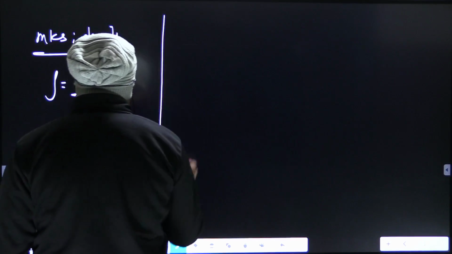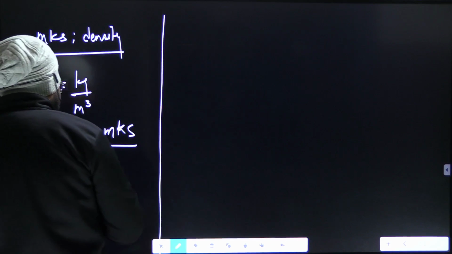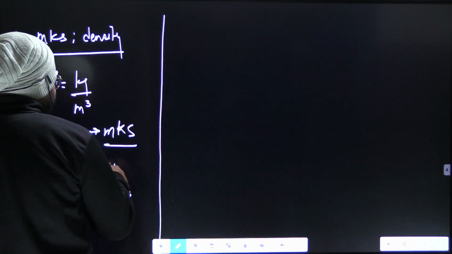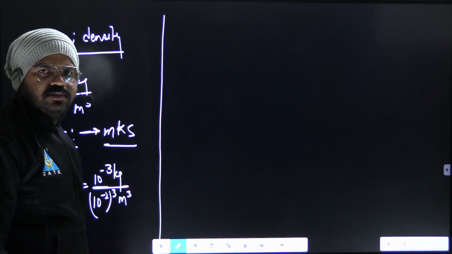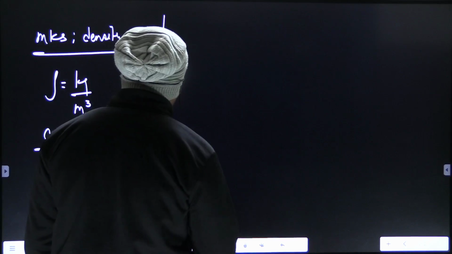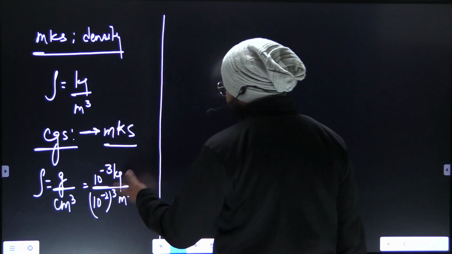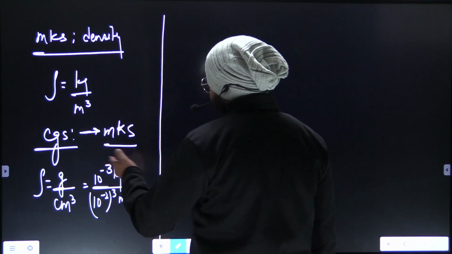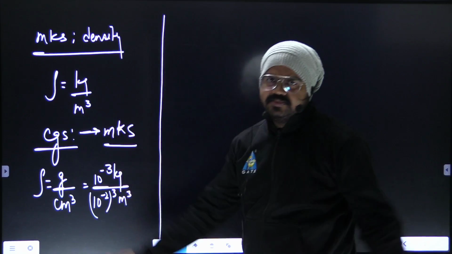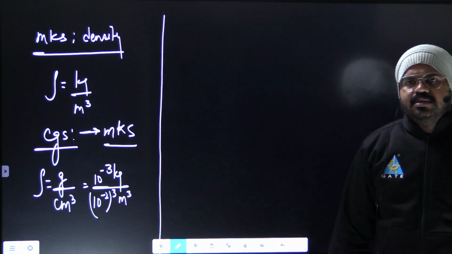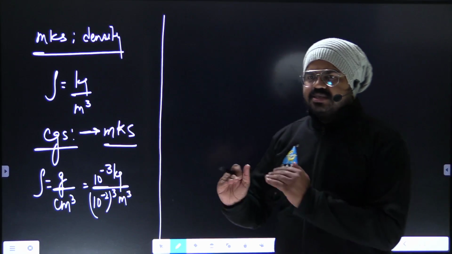Hence what we can get is 1 gram per centimeter cube is 10 to the power 3 kg per meter cube. Simple. 10 to the power minus 6 goes up, minus 6 becomes plus 6, minus 3 plus 3. All you need to do is this. That's it.